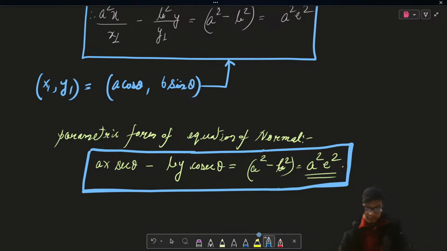Is this part clear to all of you? Do let me know in the live chat if you have any confusion or any query. Is this part clear? Is this part clear to all of you?